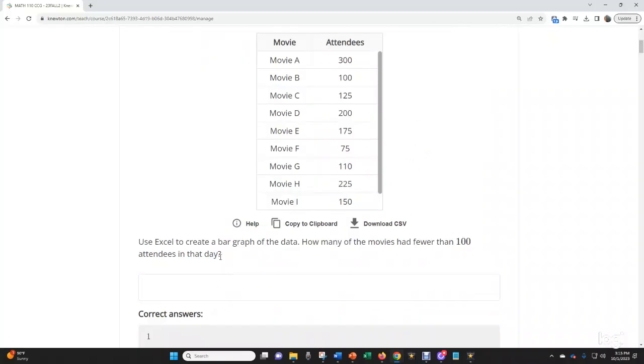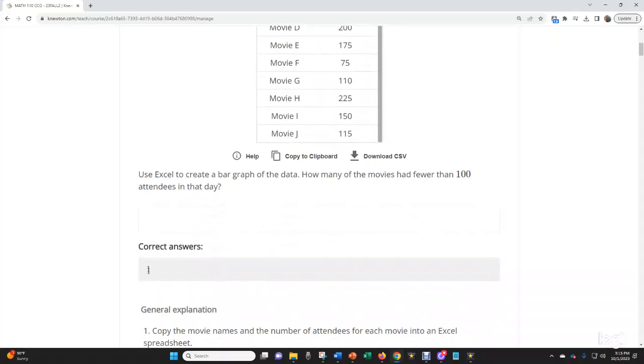We want to create a bar graph, and we want to figure out how many of the movies had fewer than 100 attendees in a day. Sharp students will obviously realize they can simply count anything less than 100, and of course our answer is 1.